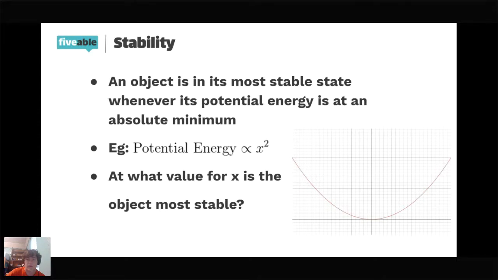Probably the best analog would be distance here. Give you about 10 more seconds. Yeah, the lowest point of the graph. So that's at x equals 0.